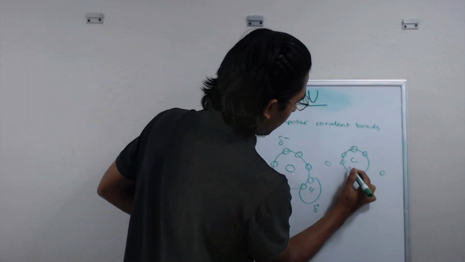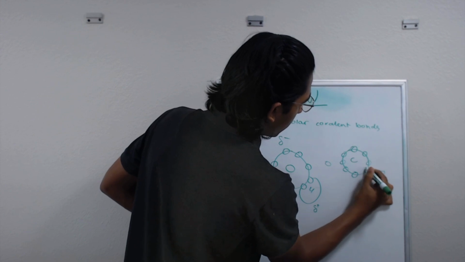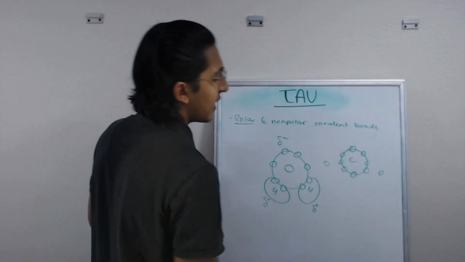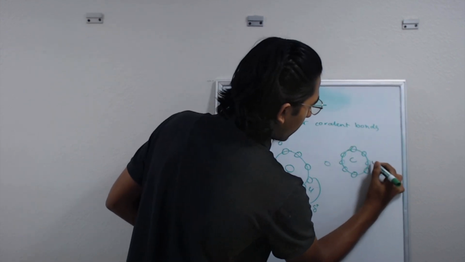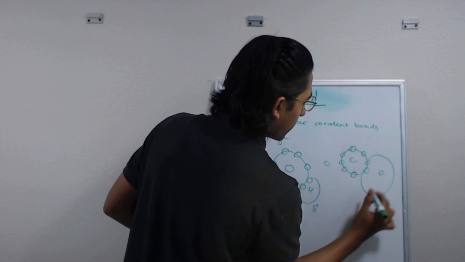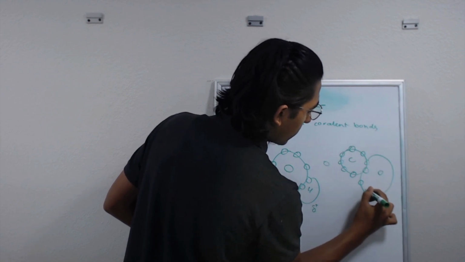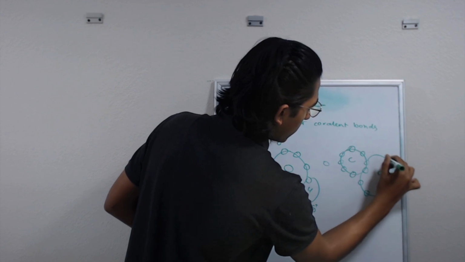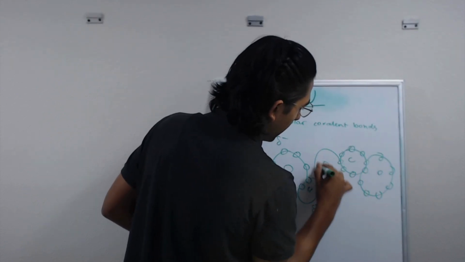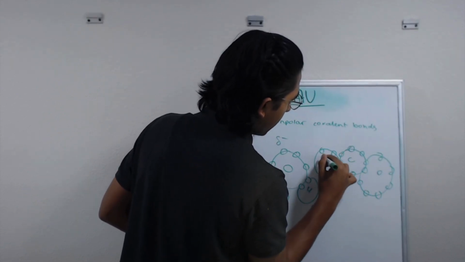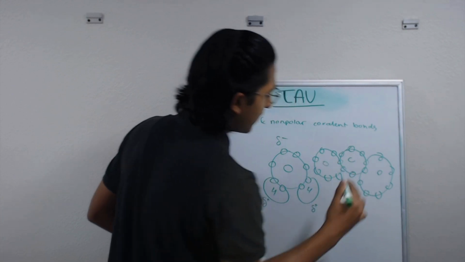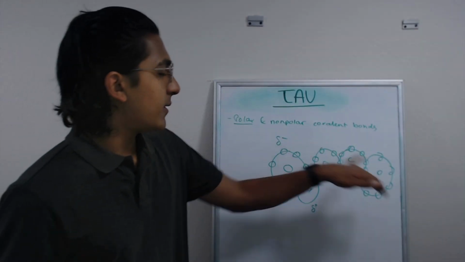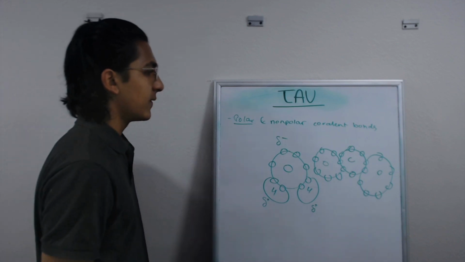So in total, carbon gets its 8 electrons, and oxygen also gets its 8. This forms carbon dioxide.